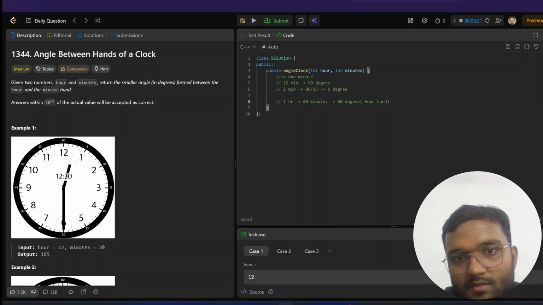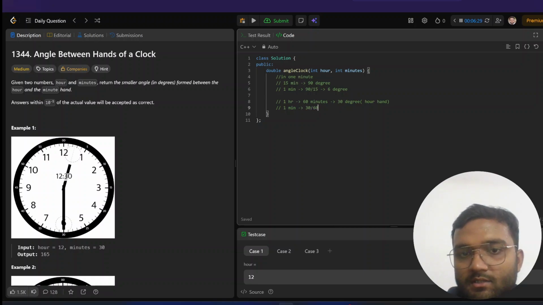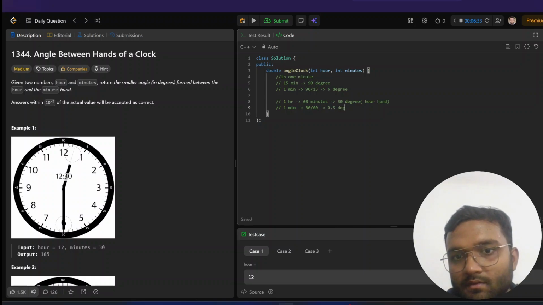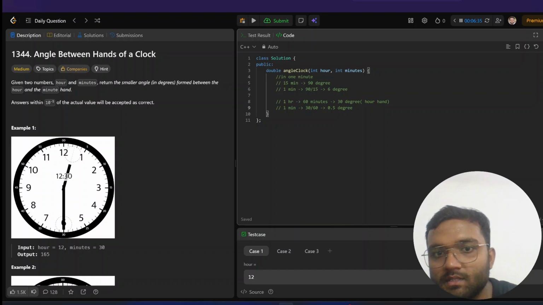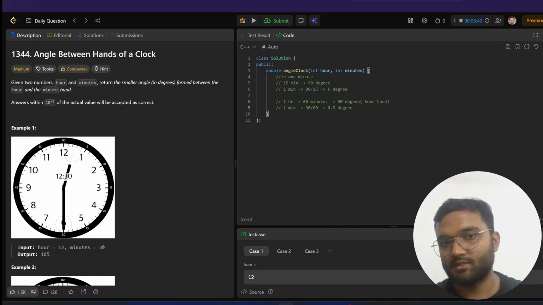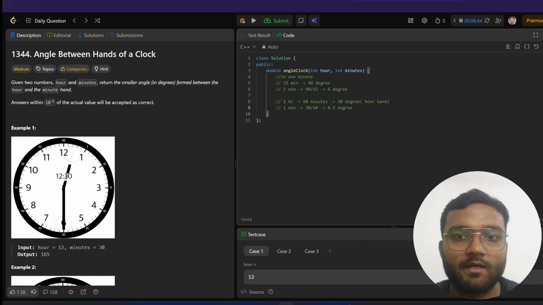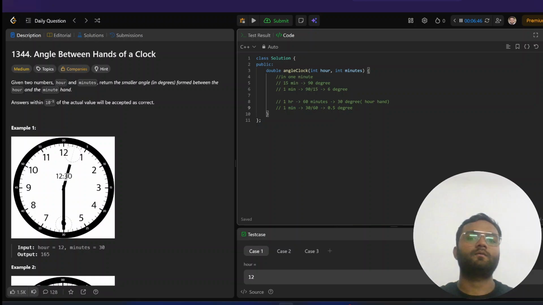So in 1 minute how much will the hour hand move? That is 30 by 60, which is nothing but 0.5 degrees. That means in 1 minute the hour hand moves 0.5 degrees, and in 60 minutes it moves 30 degrees.